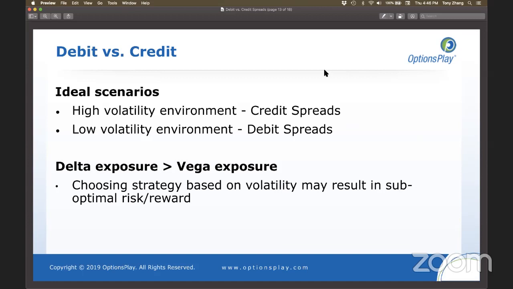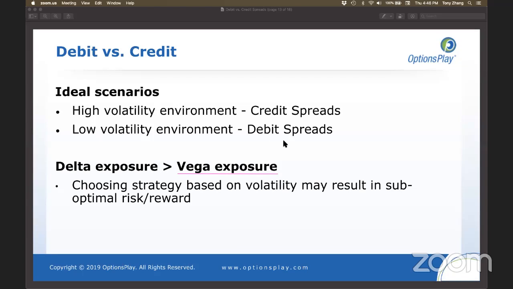And what I want to show you is that, while this statement is true, the opposite is not untrue. What I mean by this is that whether you're trading a debit or a credit spread, your biggest exposure is not to Vega, because when you're choosing your strategies based on volatility, you're basically saying Vega is more important than anything else.